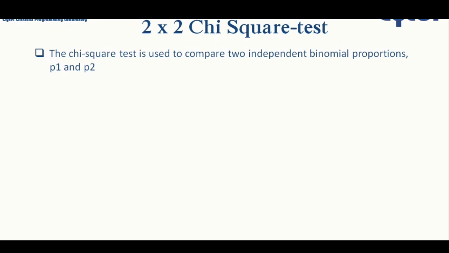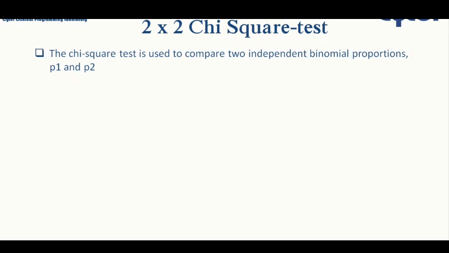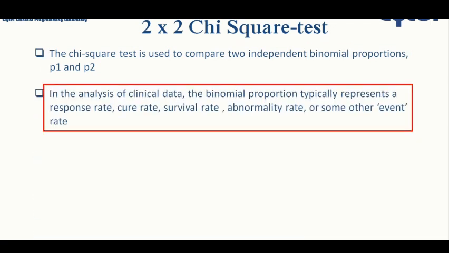So, this kind of situation, then we use the chi-square test, and there we are not talking about the means, but we are talking about the binomial proportions. So, in the analysis of clinical data, the binomial proportion typically represents a response rate or a cure rate or survival rate, abnormality rate, or some other event rate.